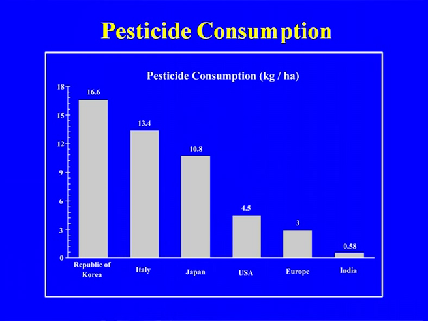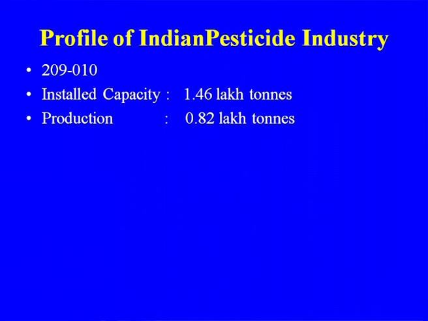India has the lowest figure, 0.5 kg, compared with the Republic of Korea, Italy and Japan. You can imagine our consumption per hectare is much less than in other developed countries. In the profile of the Indian pesticide industry in 2009-10, the installed capacity was 1.4 lakh tons and production was 0.82 lakh tons.